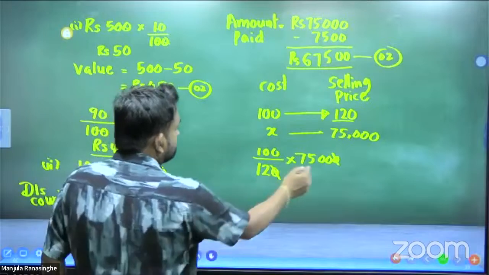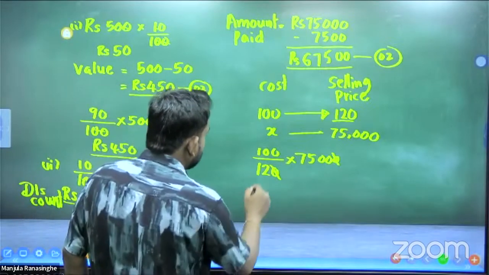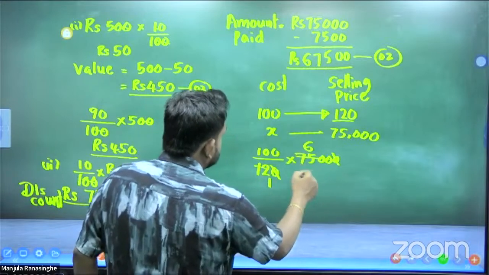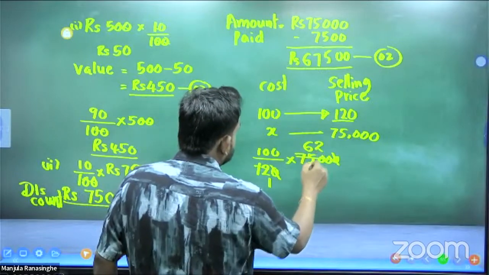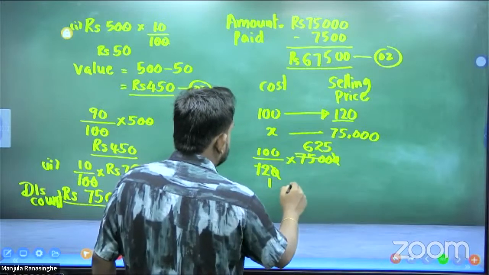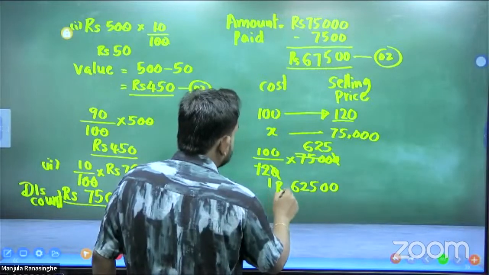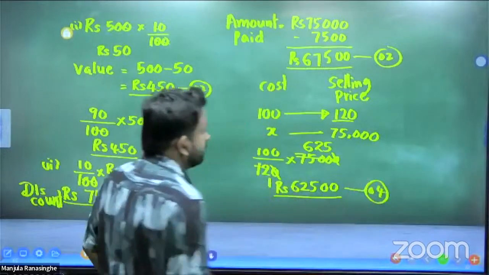Then here 7,500 into 100 divide by 12. 12 6s are 72, then 3 is there for 30, 12 into 2 is 24, 6 there for 65 into 100. Then 6 to 500. So that gives you rupees 62,500.